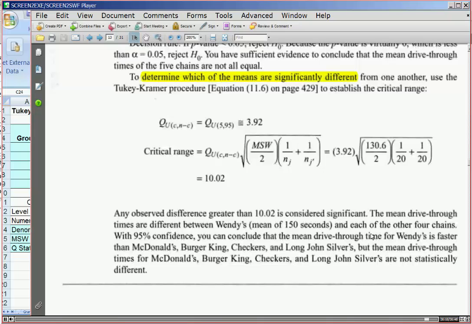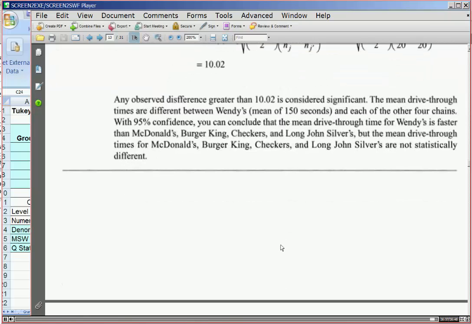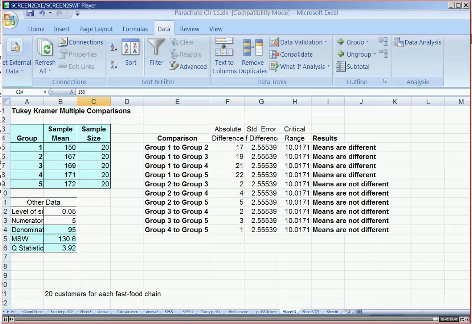With 95% confidence, you can conclude that the mean drive-through time for Wendy's is faster than McDonald's, Burger King, Checkers, and Long John Silver's. But the mean drive-through times for McDonald's, Burger King, Checkers, and Long John Silver's are not statistically different. So in this particular exercise, their differences are negligible. This concludes the completely randomized portion of Chapter 11.